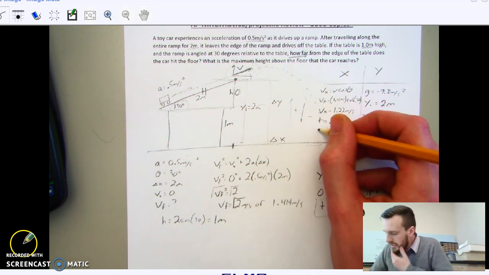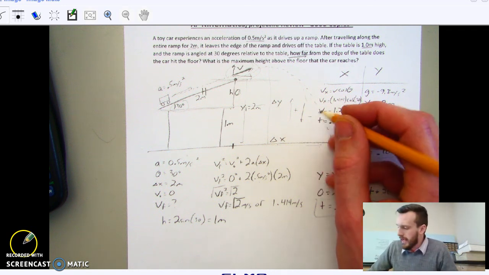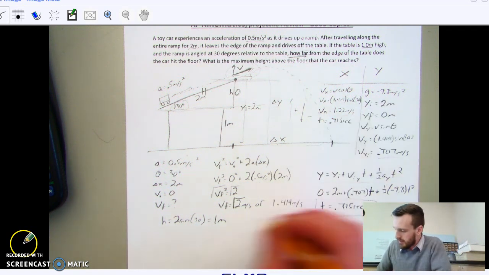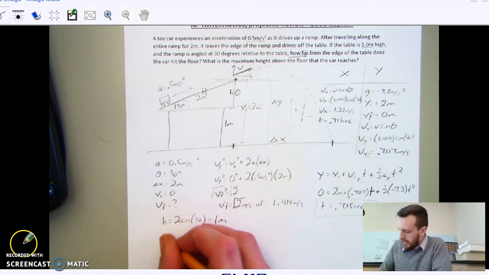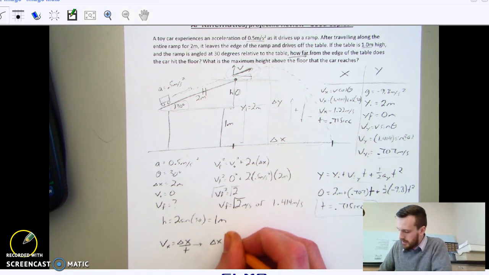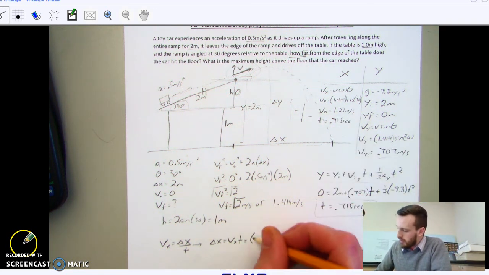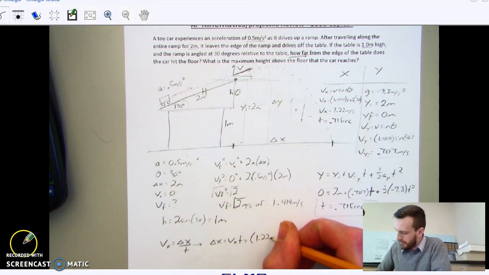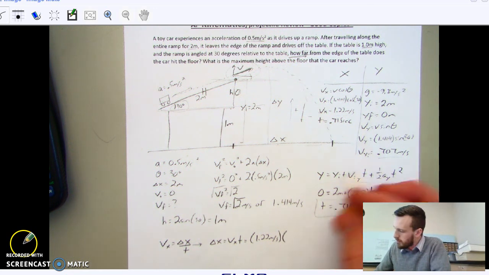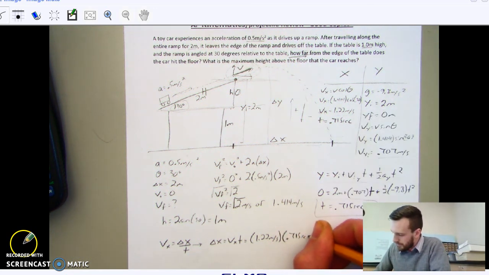So this isn't on your equation sheet, but by definition, velocity is the change in x over time. So I'll write that over here. Velocity x equals change in x over time. And if I solve that for x, it'd be delta x equals vx times t. Vx, we're going to pull from what we did earlier, 1.22. And time is going to be right here, 0.715 seconds.